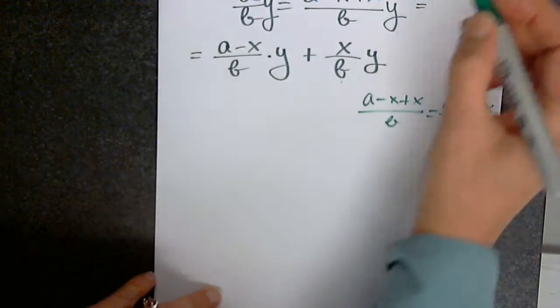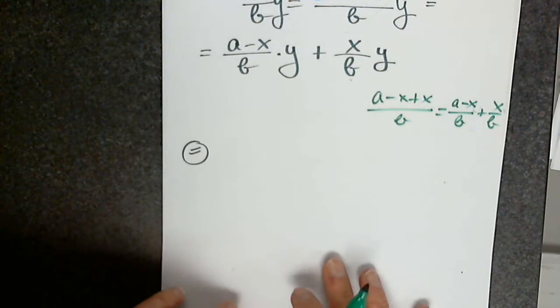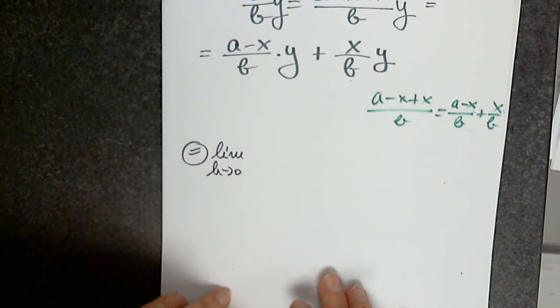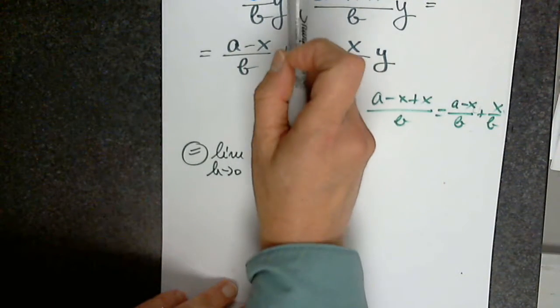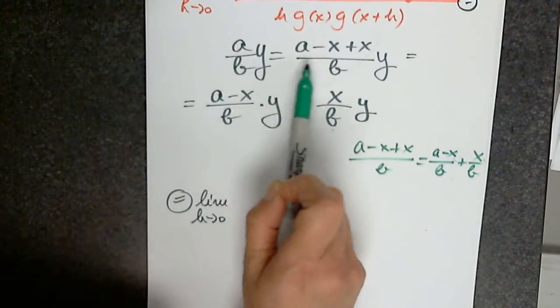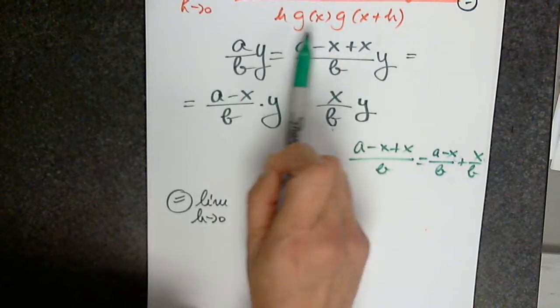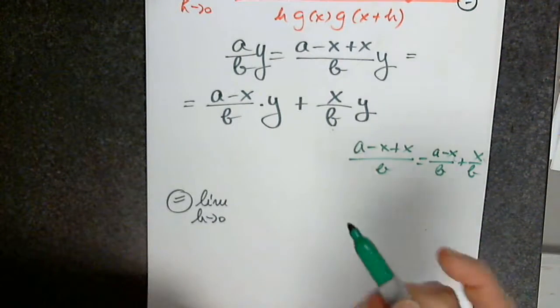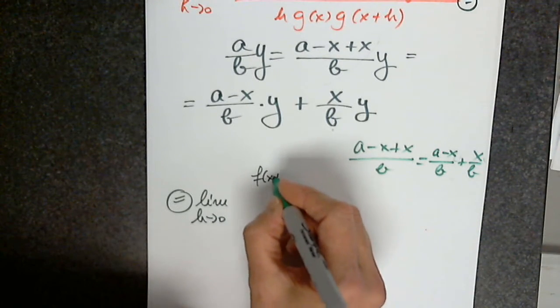So I'm going from here now, here. So I have limit as h approaches 0. So I'm going to apply this treatment to f of x plus h. And you'll tell me why. I want you to tell me why.